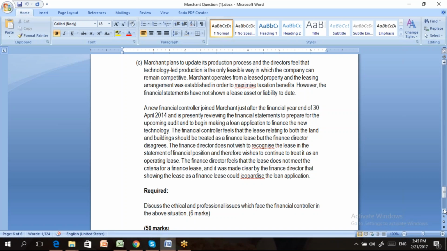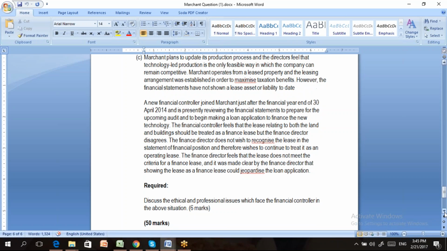The finance director does not wish to recognize the lease in the statement and therefore wishes to continue to treat it as an operating lease. The finance director feels that the lease does not meet the criteria for a finance lease, and it was made clear by the finance director that showing the lease as a finance lease could jeopardize the loan application. Discuss the ethical and professional issues which face the financial controller in the above situation.